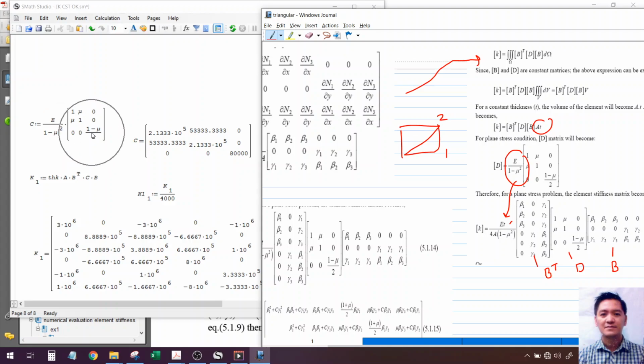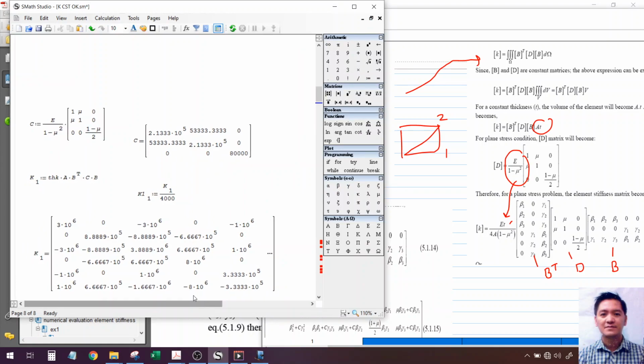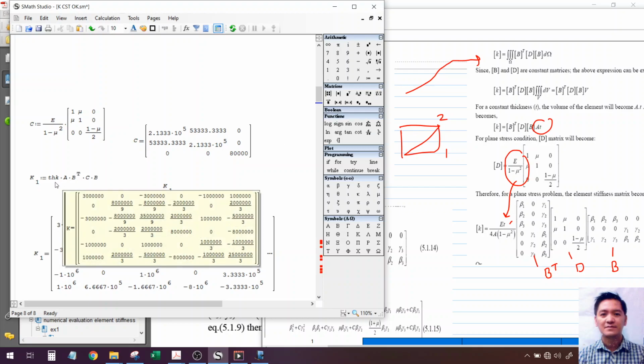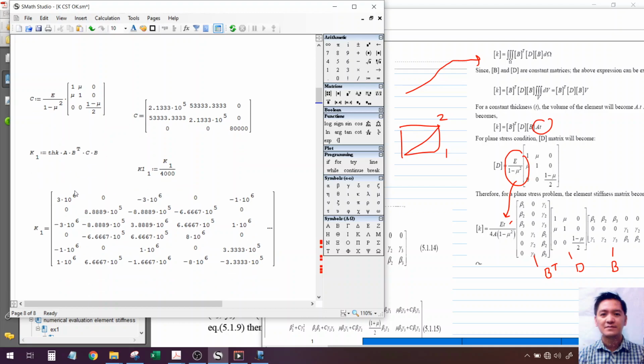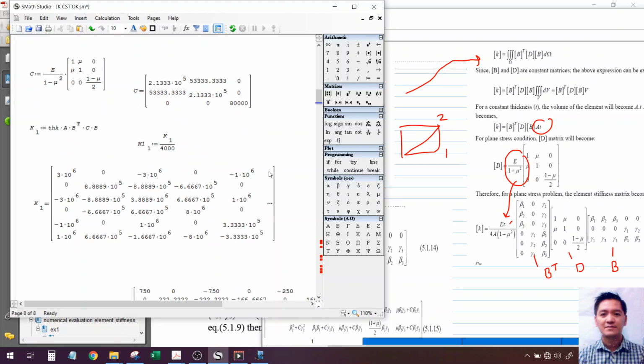Okay, this is it. And then, implement natin itong formula ng K: B transpose D B, V, so thickness times area, B transpose D B. Ito din yan, no? So, that's it. This is our K matrix for element 1.